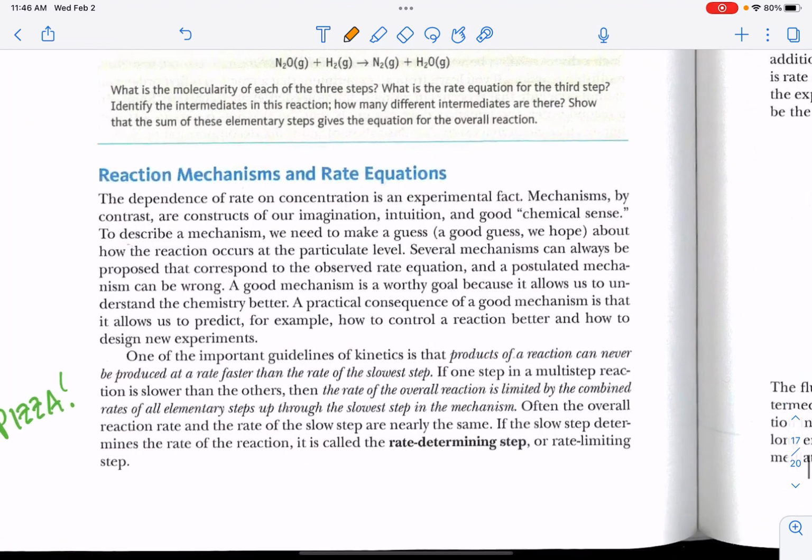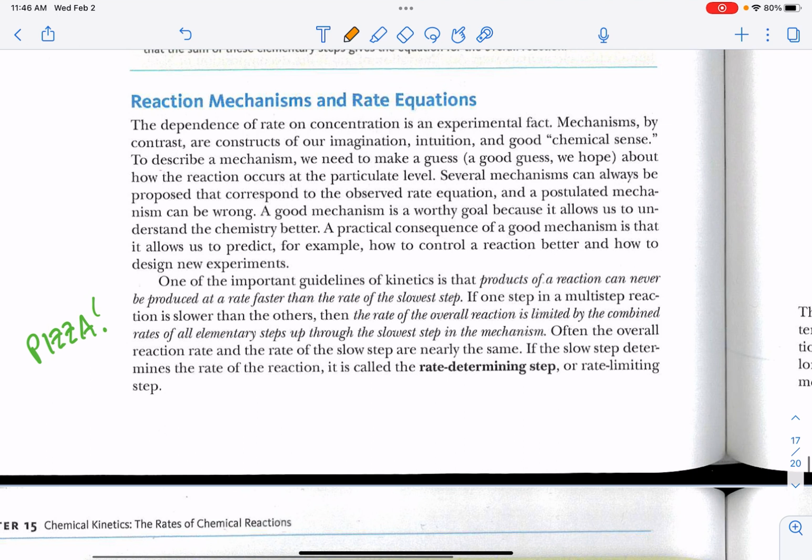And let's come down here to now talk about reaction mechanism and rate equations. Let's suppose we want to make pizzas in an assembly line. And so we need somebody to take the shells out of the plastic package that we bought from another company and put that on a piece of cardboard.